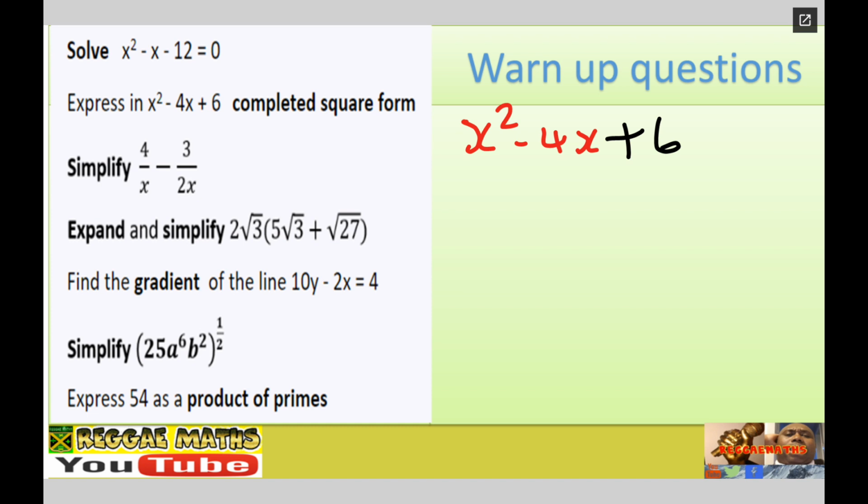So if we look carefully here, step 1, what I'm going to do is halve the coefficient in front of x.